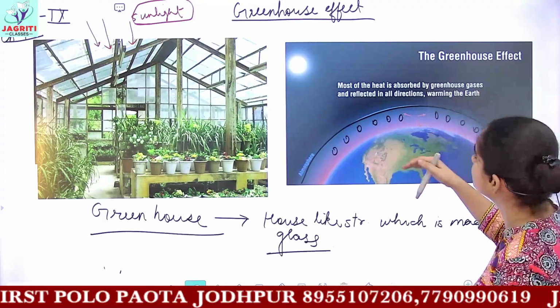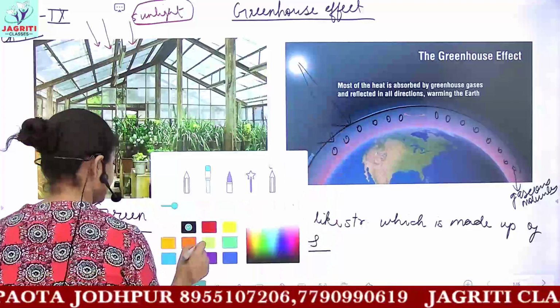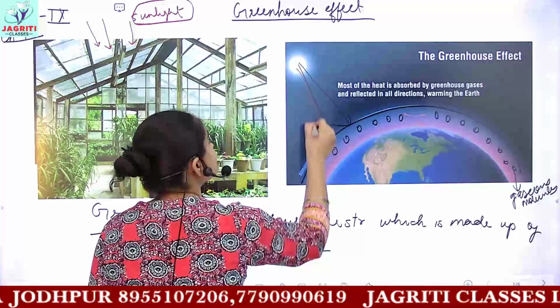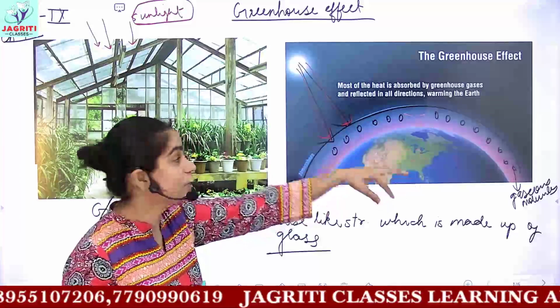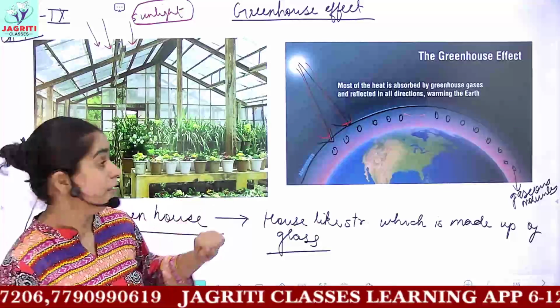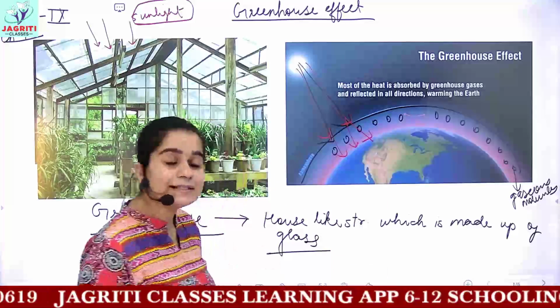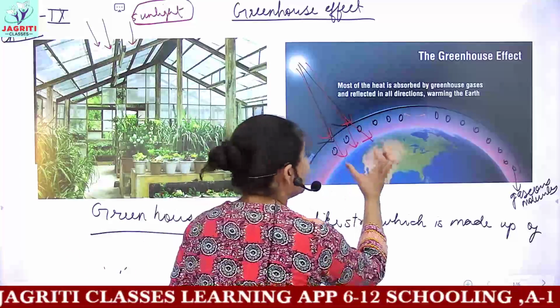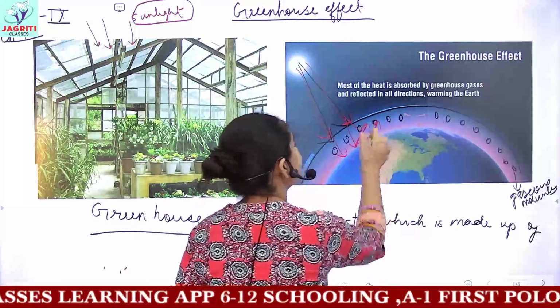And these gaseous molecules, whenever the sun rays, the light rays coming from the sun, enter and reach the earth's surface passing through this atmosphere, what happens is, on earth, the required energy is absorbed, and then these light rays are reflected back.